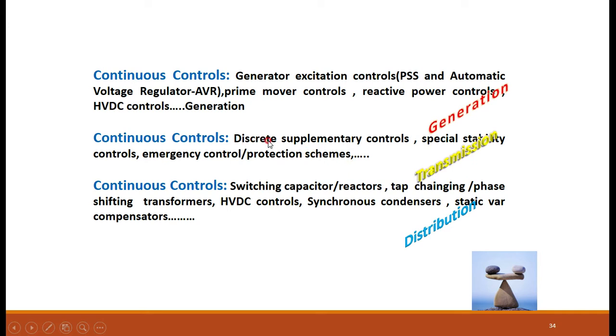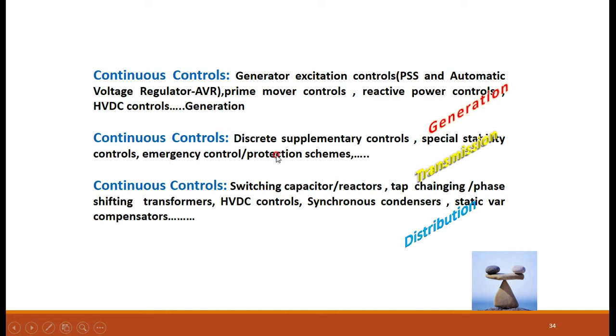Discrete supplementary controls help the generation control by giving appropriate feedback to the excitation system as well as the prime mover controllers.